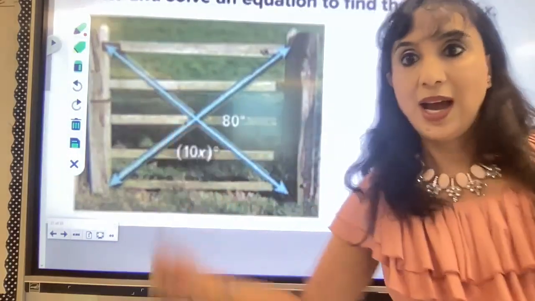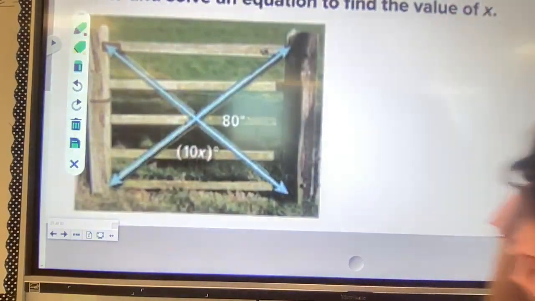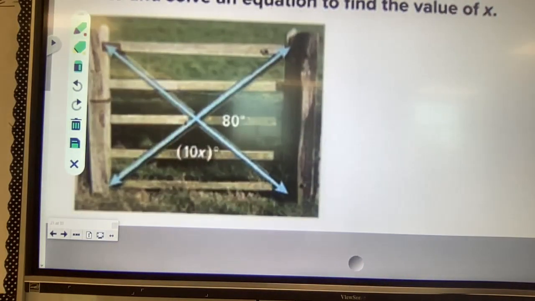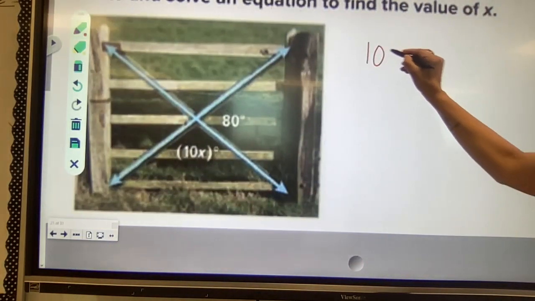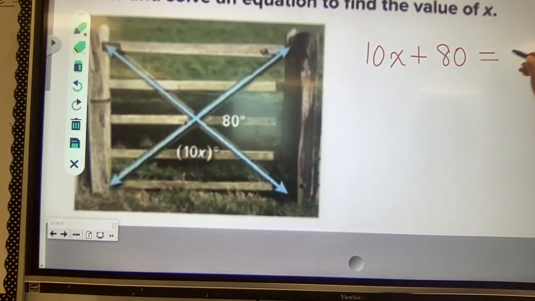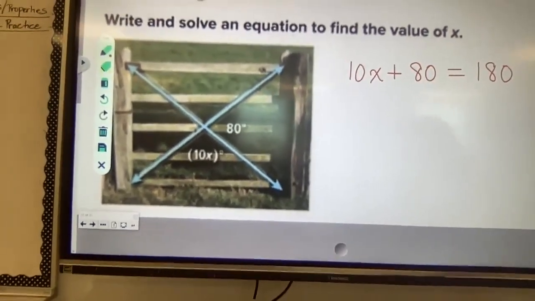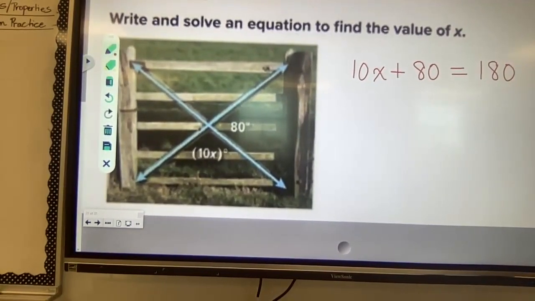A straight line. And supplementary angles equal 180 degrees. So I'm going to write an equation first, and I'm going to say 10x plus 80 is going to equal 180 degrees. Okay, so that is my equation written out.